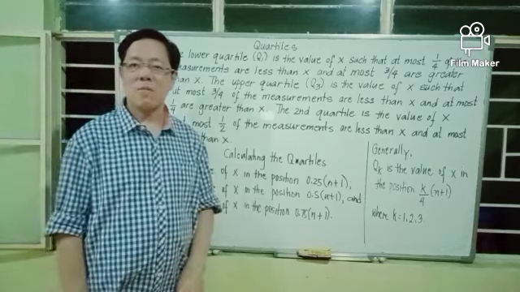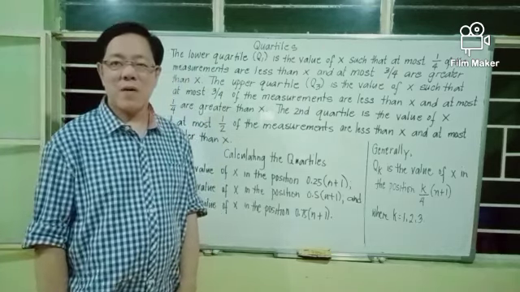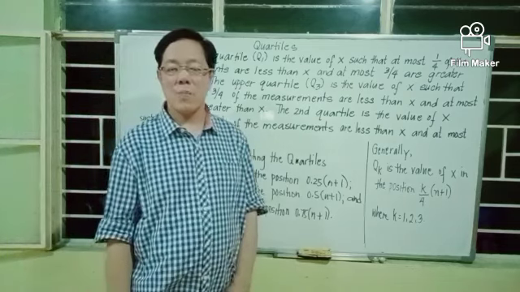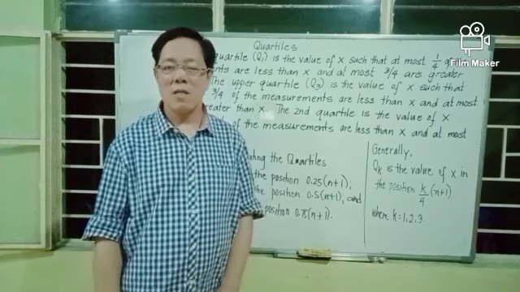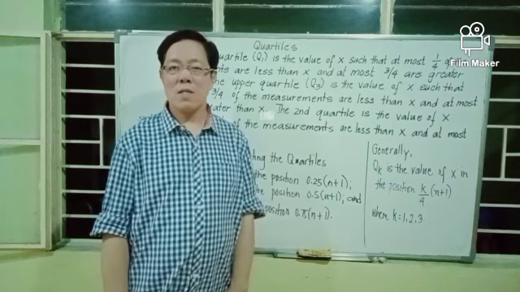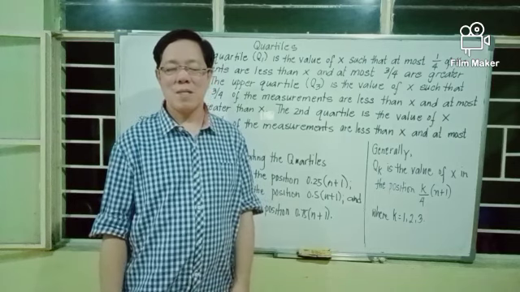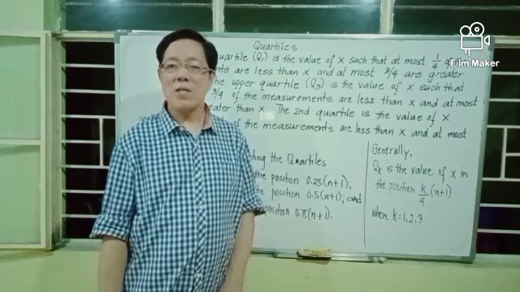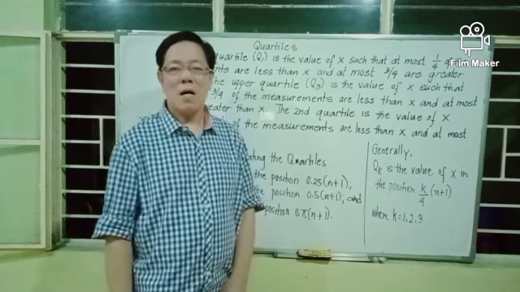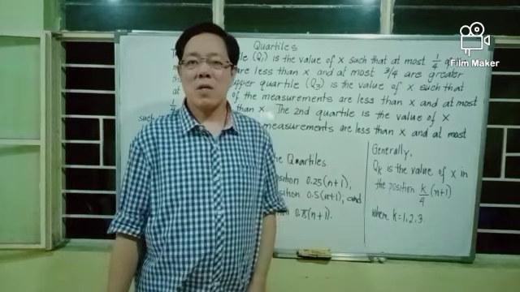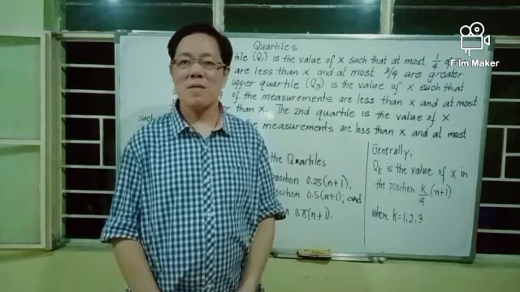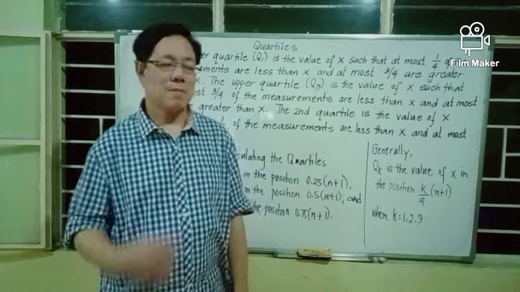At most 3/4 or 75% of the values are below the third quartile, and the other 25% are greater than or above the third quartile or upper quartile, denoted by Q sub 3.